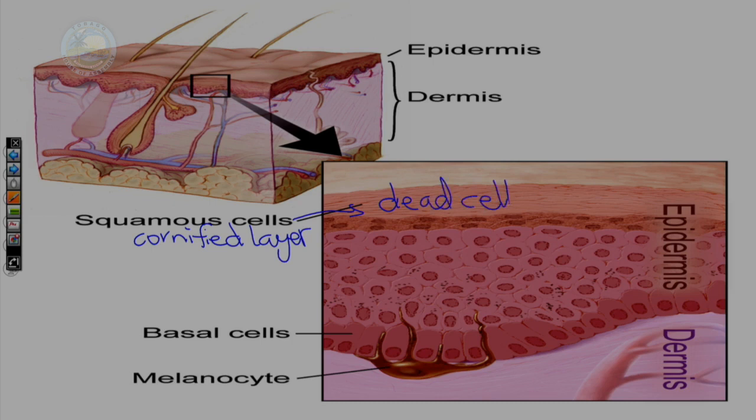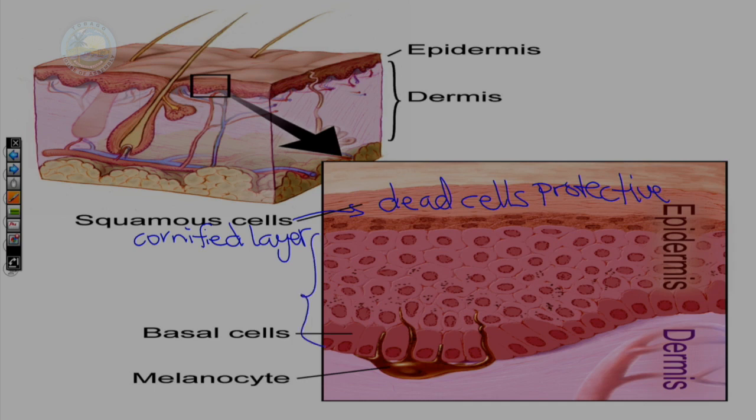This is what gets sloughed off on a daily basis. So when you bathe, you remove dead skin cells from the surface. These dead cells have a major protective role, protecting you from pathogens and anything that may want to enter through the skin. So it's a cornified layer. It is dead cells that have a protective role.